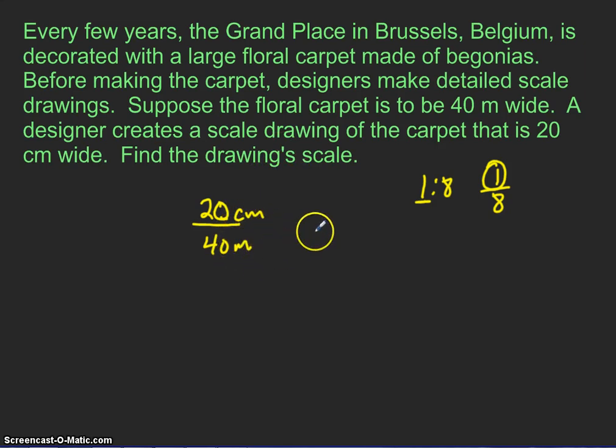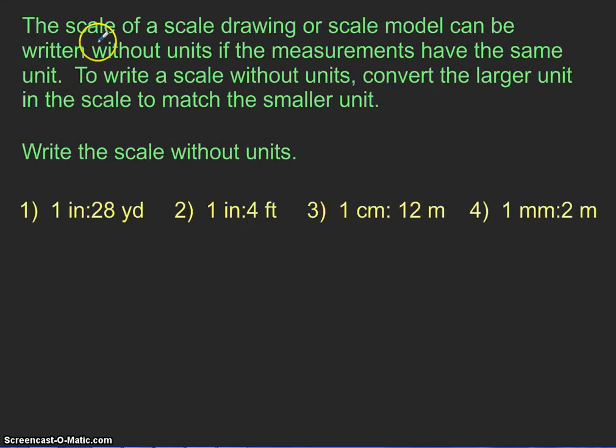So that's really 1 centimeter equals 2 meters, and this is my scale for the drawing. What I did is I found a length on the drawing and the corresponding length on the real thing, and I just made a ratio and reduced it. So this must be the scale. And remember, on the scale, the top number represents the drawing or the model, and the bottom number represents the real thing. Let's look at the next page.